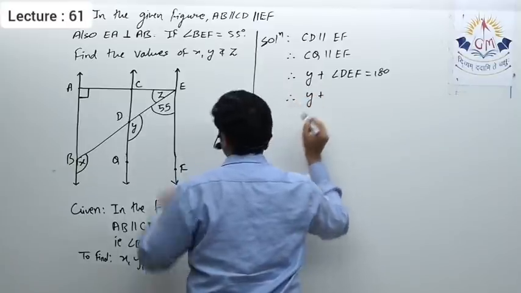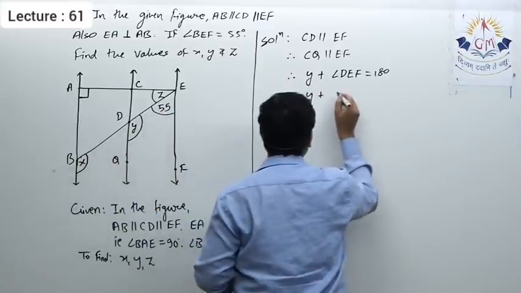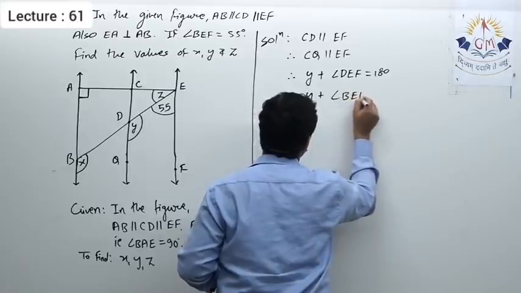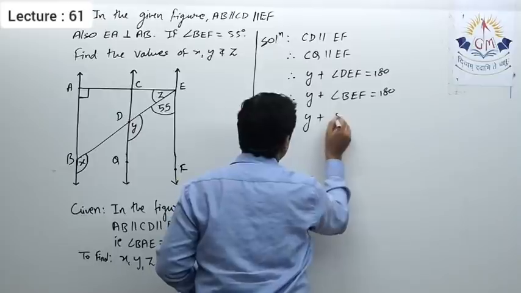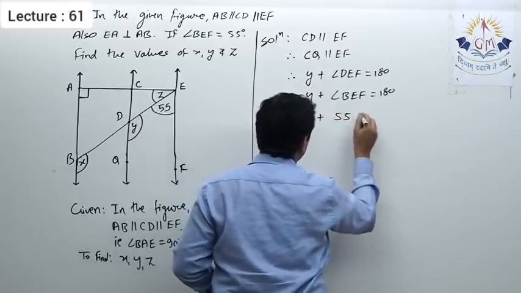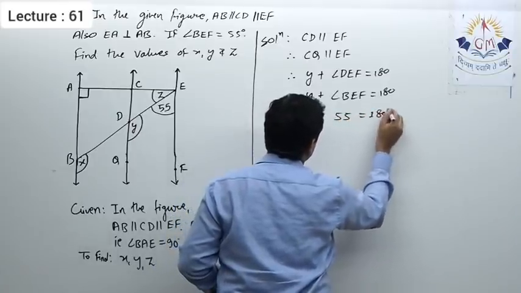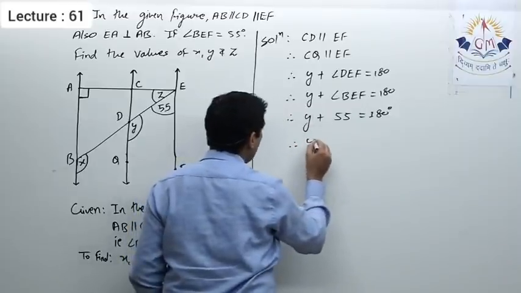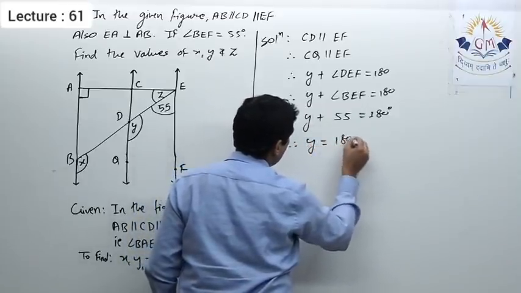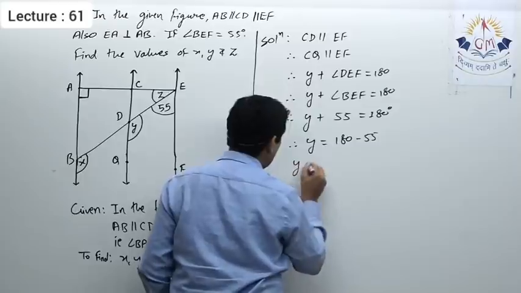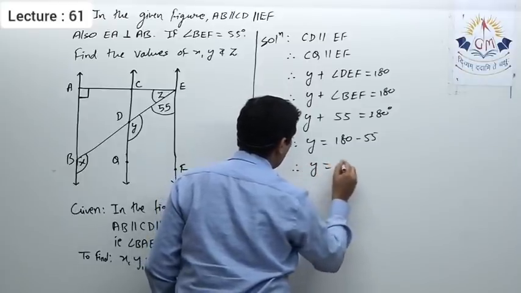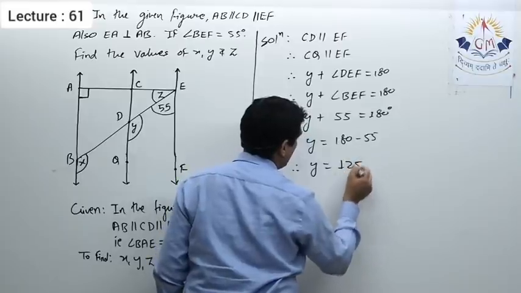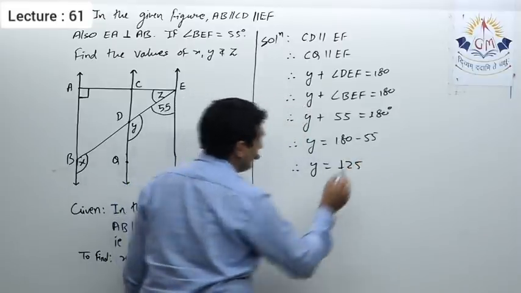Now DEF is actually BEF, so here I am writing BEF equal to 180 degree. So Y plus 55 is equal to 180 degree. Therefore Y is equal to 180 minus 55. So here we got the value of Y, that is, Y is equal to 125.